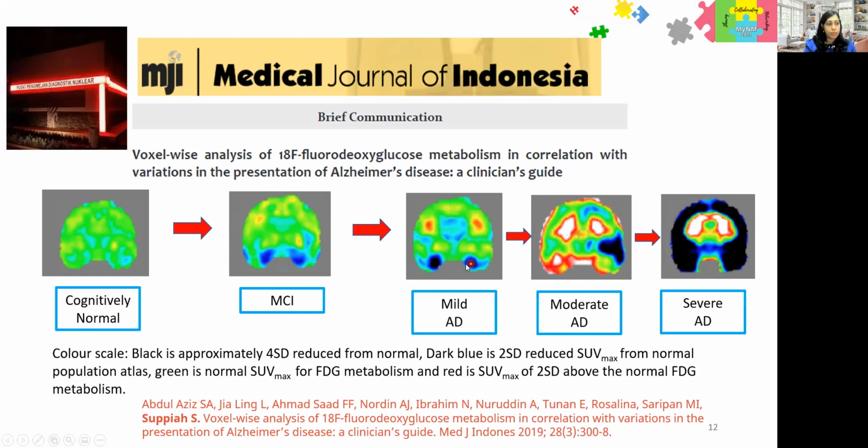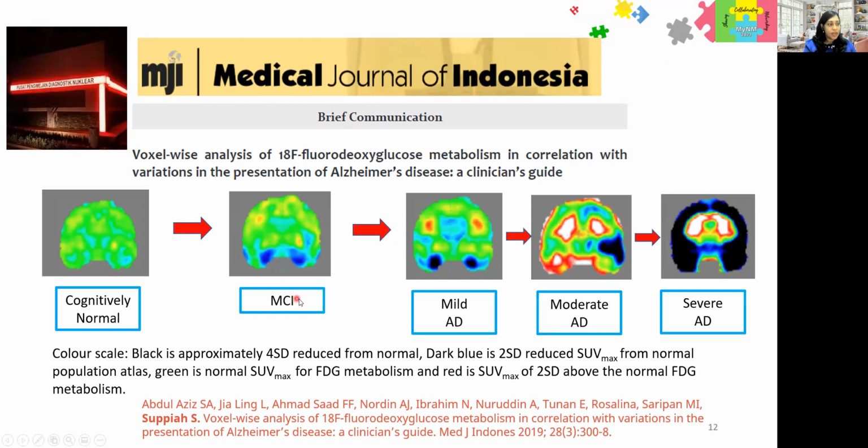And the dark blue color coding indicates 2 standard deviations of reduced SUV max from the normal population atlas. The green is the normal SUV max of FDG metabolism in the brain, and the red indicates regions of 2 standard deviations and above, indicating FDG hypermetabolism in the brain.